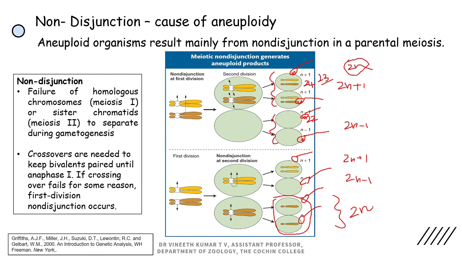this particular phase, which is M2, and the second arrest occurs at ovulation. That is, at ovulation, that particular cell is arrested at metaphase 2. That means oogenesis is not complete when the ovum is ovulated. It will be completed only if that oocyte is fertilized by a sperm.